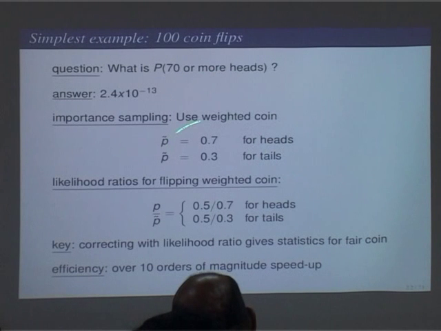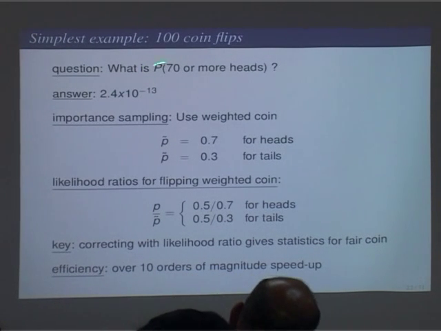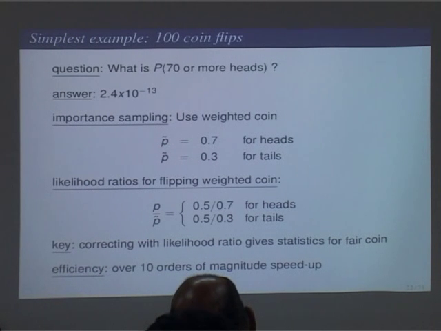So the idea then is to use a weighted coin, right? If you know something about your distribution, so here we know we're interested in finding what falls right around 70, because that's going to be the mass of that integral. Well, then I'm going to use a coin that's weighted to give me heads 70% of the time and tails 30% of the time.